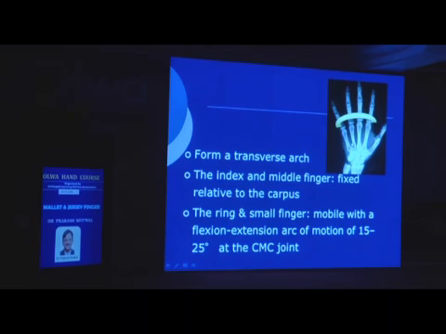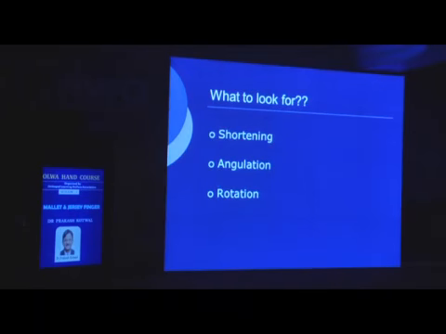Therefore you can see that the grip strength of the fist comes from the strength of the smaller fingers. If you are making a fist, and if you move this finger out, the strength of the grip decreases considerably. This is because there occurs a little, 15 to 25 degrees of flexion at the CMC joint of the metacarpals of these two ulnar fingers.